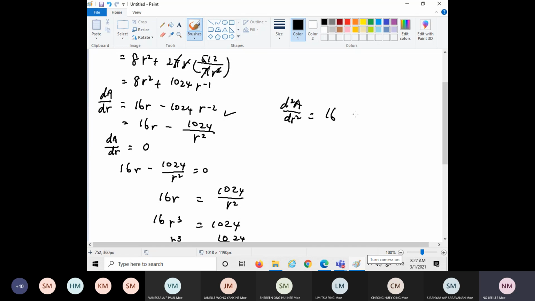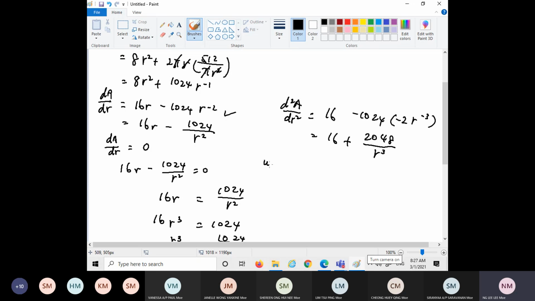So 16, and this is a negative 1024, differentiate out negative 2. So negative 2 bring down, negative 3. Negative becomes positive, 1024 times 2 is 2048, over R to power 3.